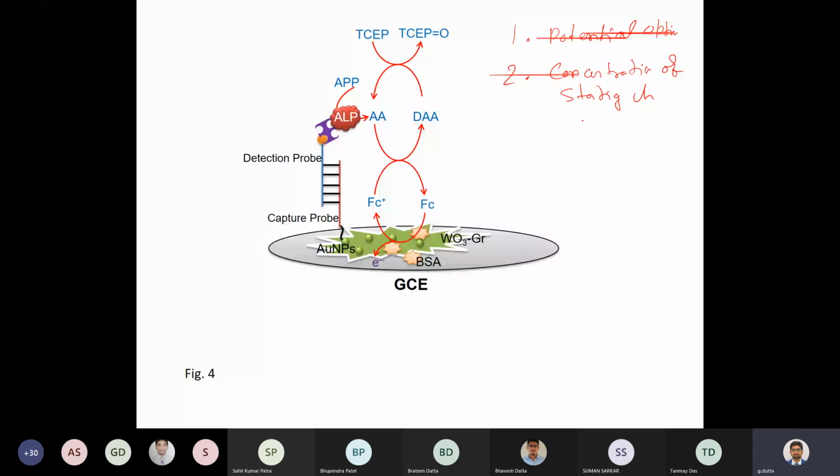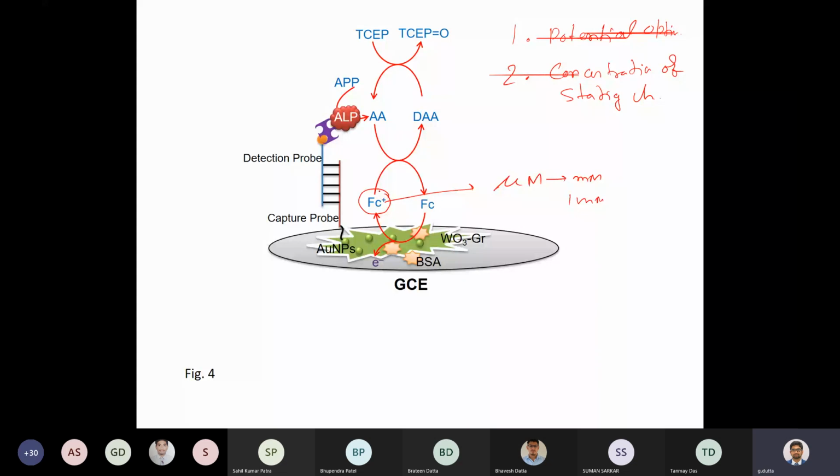Okay, so FC plus, this one we generally use at very low concentration, around micromolar or millimolar, but millimolar means also like 1 millimolar, not more than this. So we use very low concentration because they are such kind of a catalyst, no need to use a high concentration. If you use a very high concentration, in that case your background current can be increased.